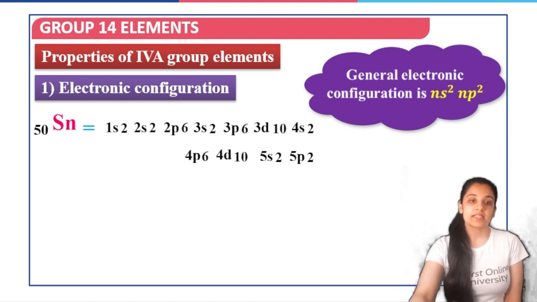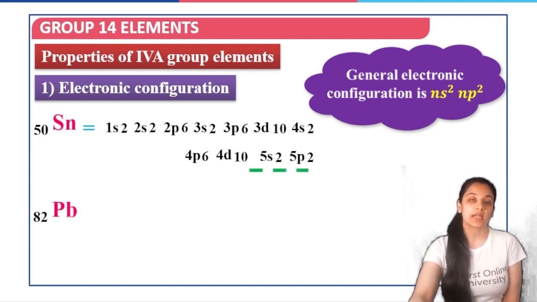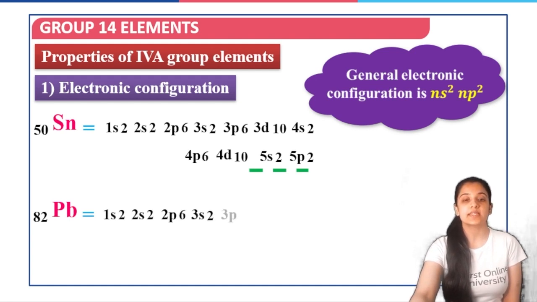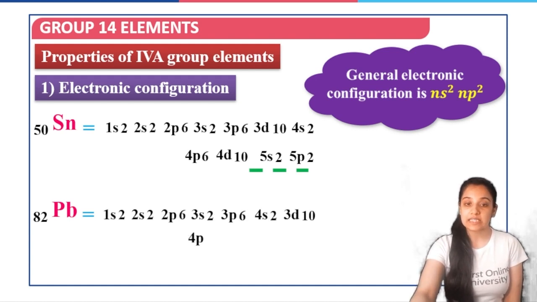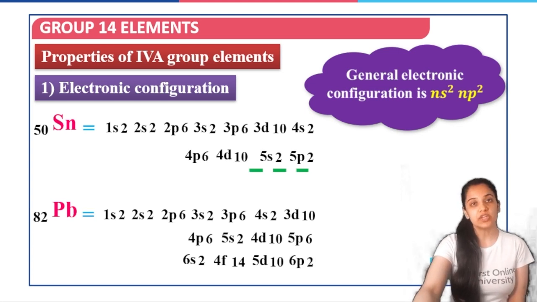5p2. And lastly, we have lead, atomic number 82, with electronic configuration 1s2, 2s2, 2p6, 3s2, 3p6, 4s2, 3d10, 4p6, 5s2, 4d10, 5p6, 6s2, 4f14, 5d10 and 6p2.